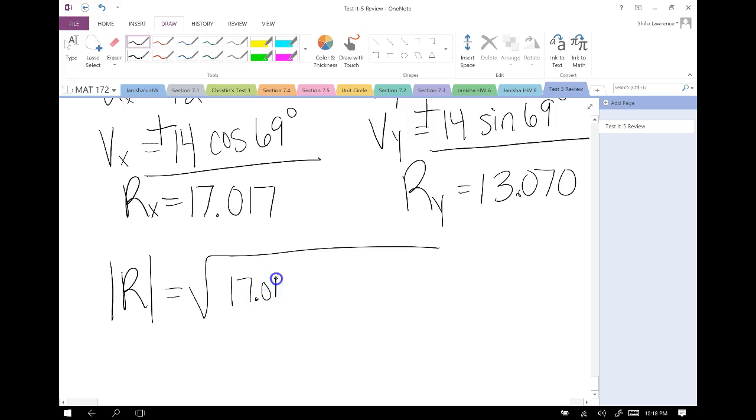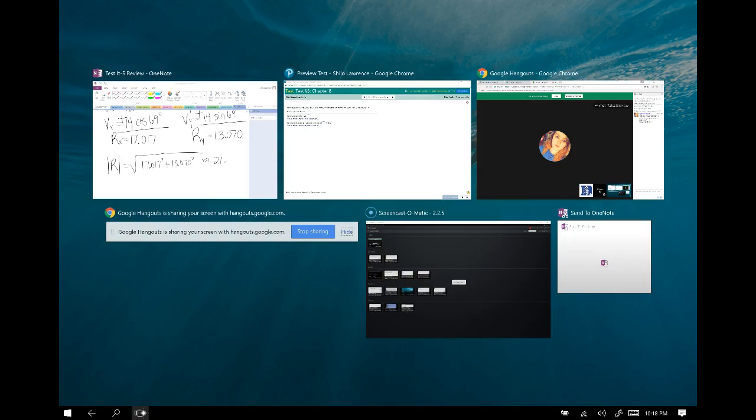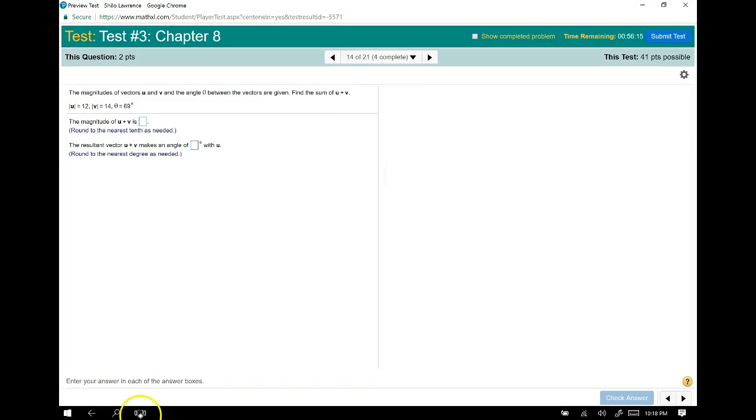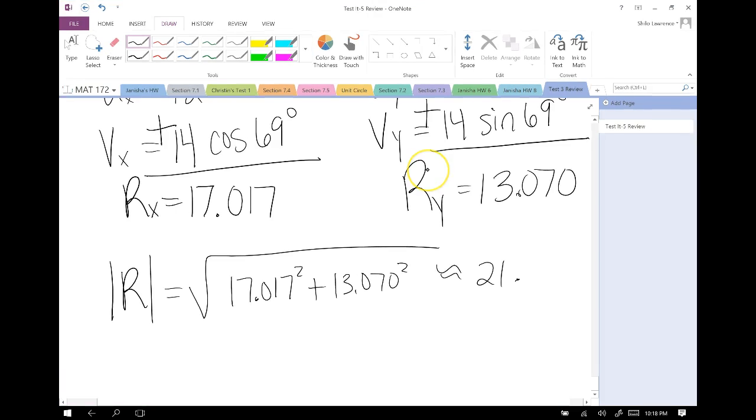So 17.017 squared plus 13.070 squared. I got about 21 point something. Let me see how many decimals they want. Tenth. I got about 21.5.